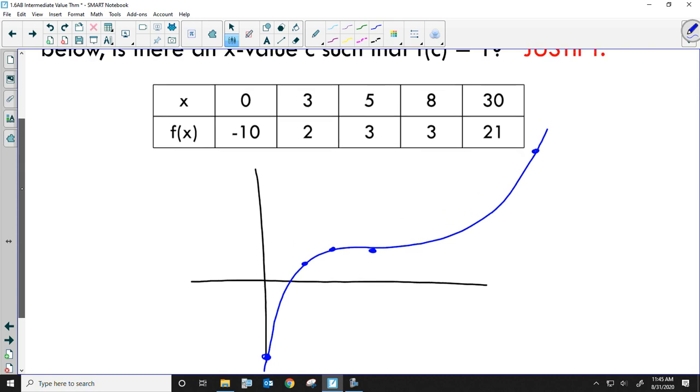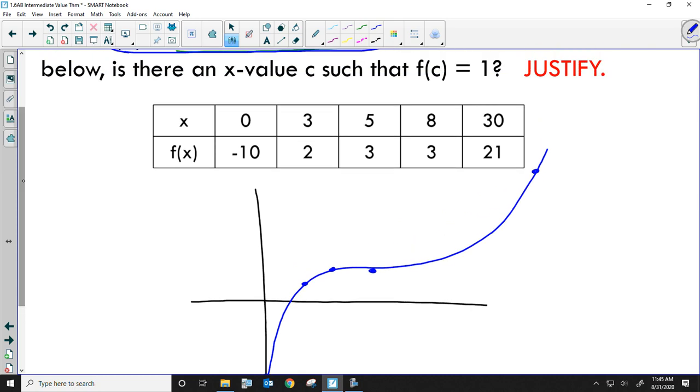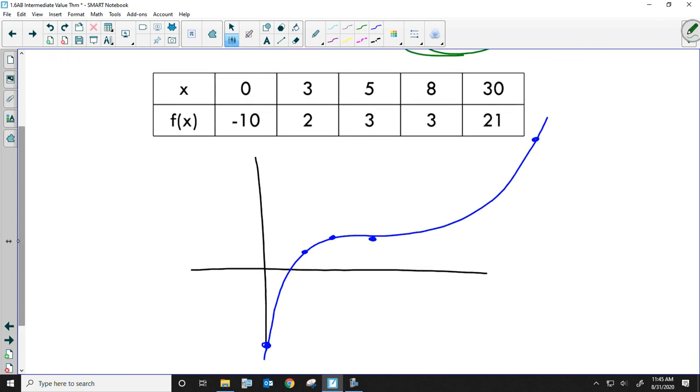So the question is, is there a place where the output on that function is 1? If I went from -10 up until 2, did I have to pass through where your output equals 1? Yes, I did. Okay, so that's what we're trying to find.